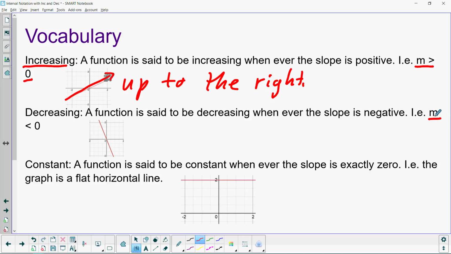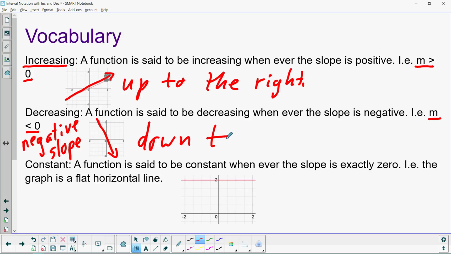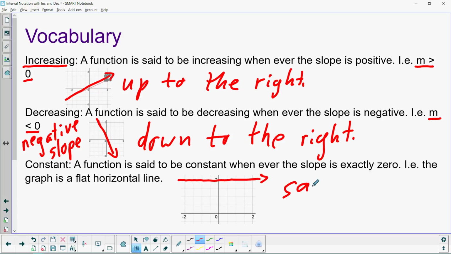It means our slope is less than 0, or negative slope, and that means our graph is going to be going down to the right. And constant just means exactly what it sounds like. It's not going to change. It's going to stay at the same height the whole time. Remember, we are looking at the slope of our graphs.